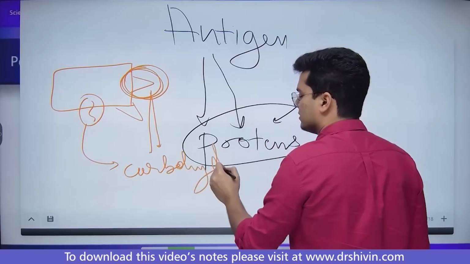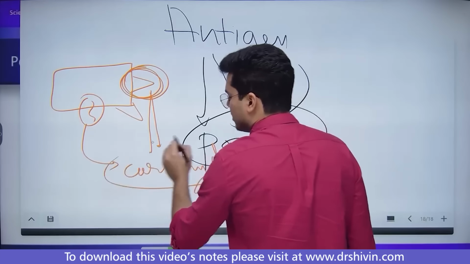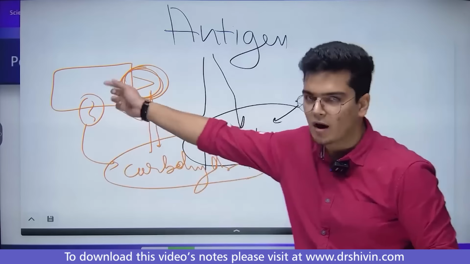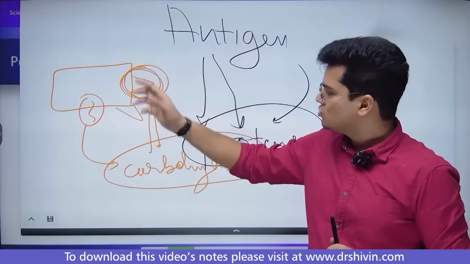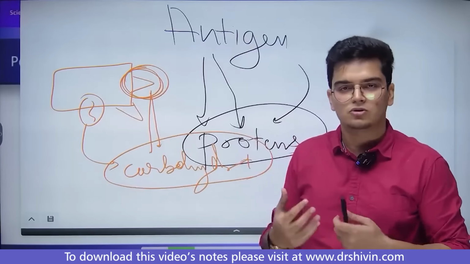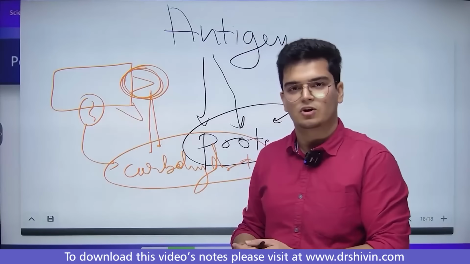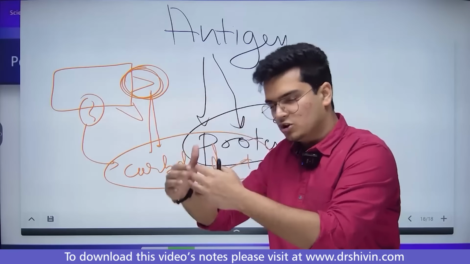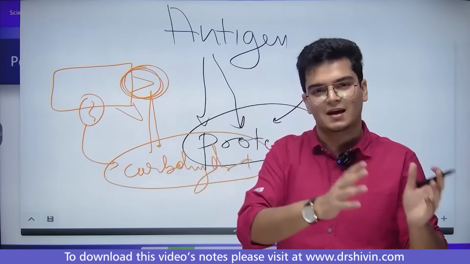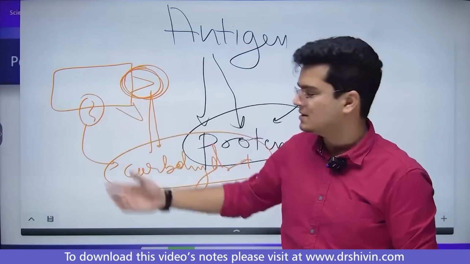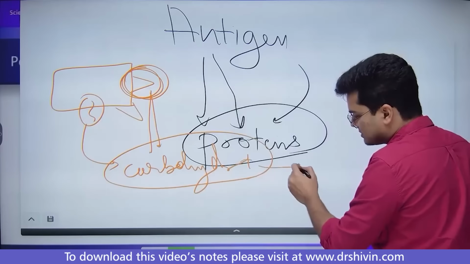I hope you know what this term means. So sometimes we are only able to extract carbohydrates from the bacteria. These carbohydrates are also known as polysaccharides, because saccharide is a constituting molecule of a carbohydrate. So polysaccharide, many saccharides together, makes carbohydrates.